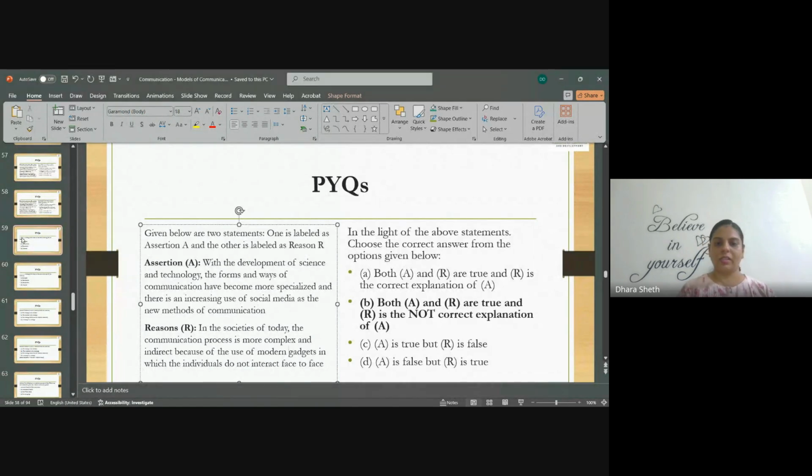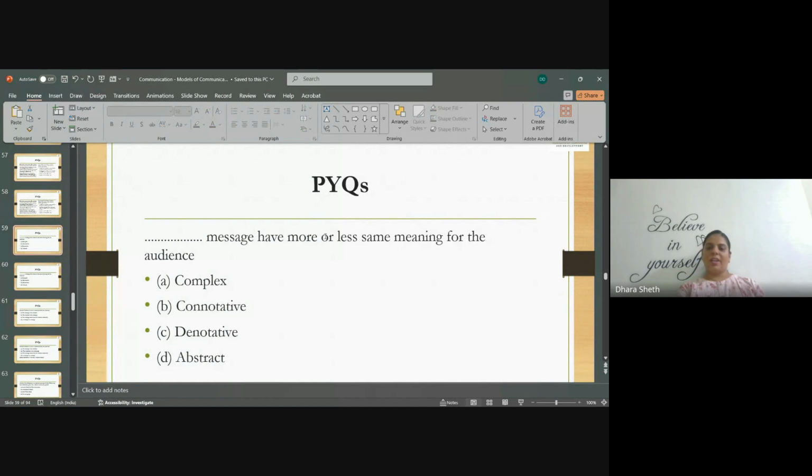Okay. Next, dash message have more or less same meaning for the audience. Complex, connotative, denotative, and abstract. Denotative.